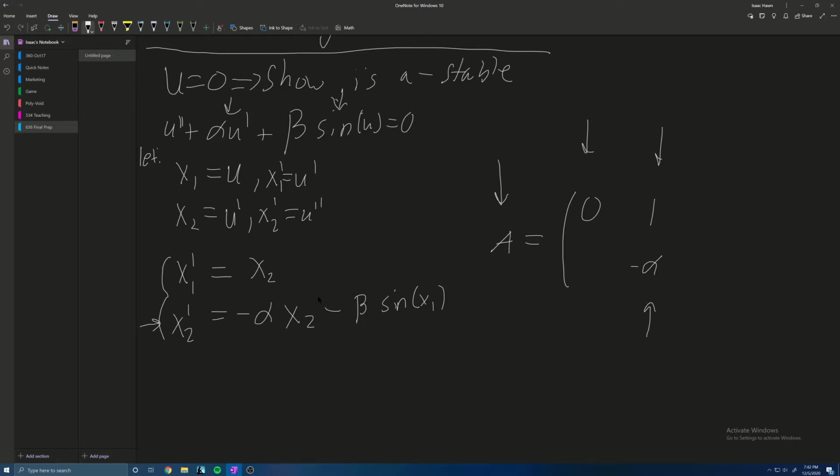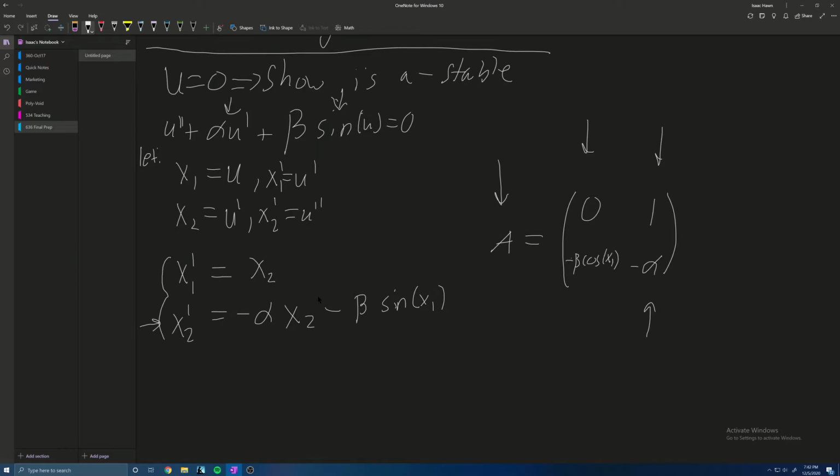The derivative with respect to x1 in the second equation is going to be minus beta cosine of x1. You see that because the derivative of sine is cosine. Okay, so this is our Jacobian A.